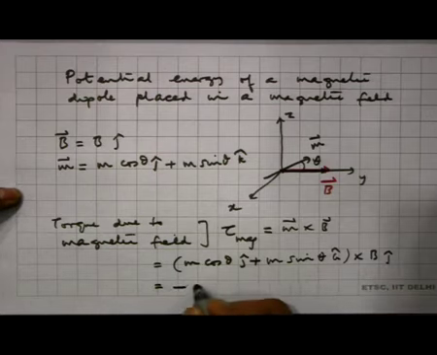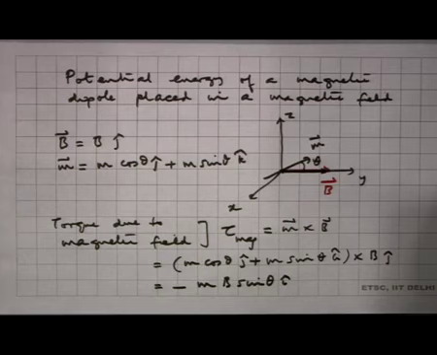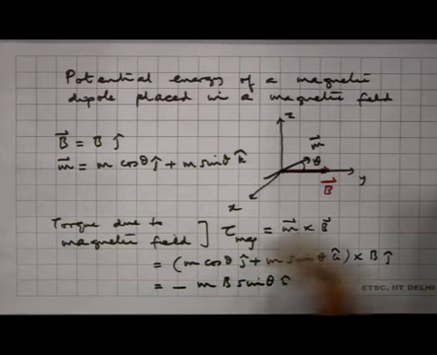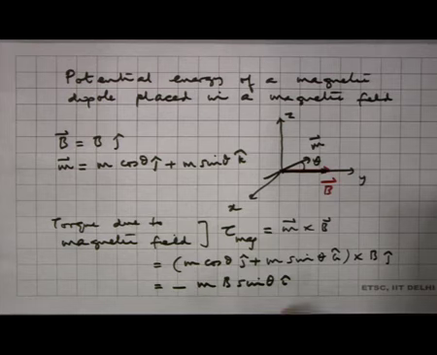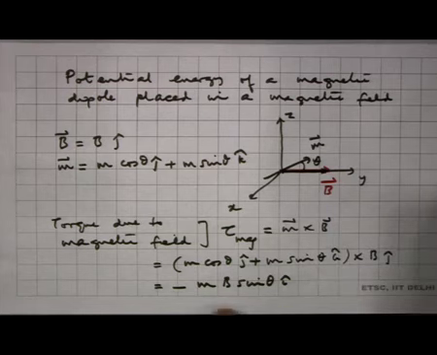So, I get minus m B sin theta i cap. So, the magnetic torque direction is along the minus x direction because it is trying to rotate the m vector along the direction of the magnetic field. So, the torque is in this direction, the reverse direction. So, it is acting like this, and that is the minus i cap direction.